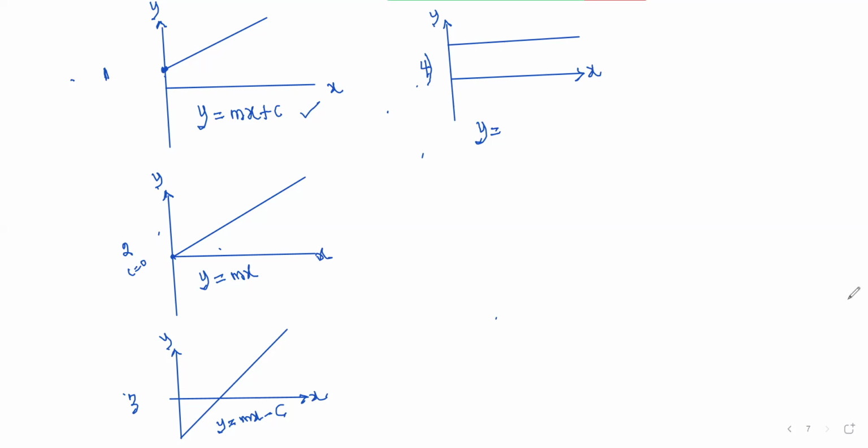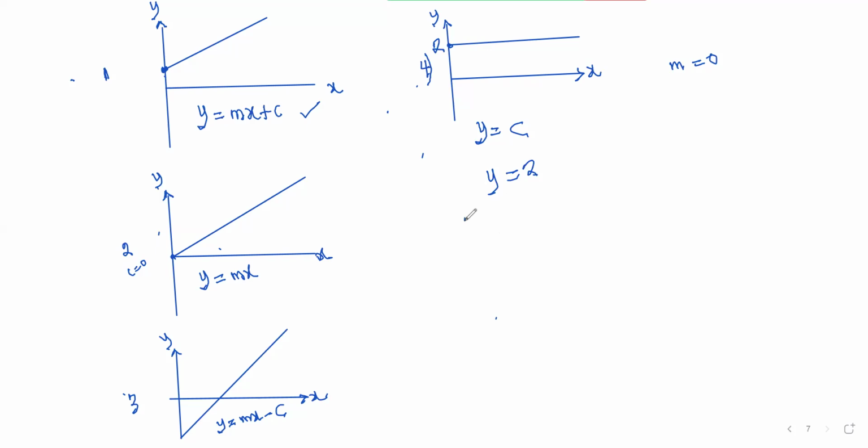Crispin is saying y is equal to c. Yes, because over here the gradient, the slope, is 0. So if the slope is 0, then it only cuts the vertical axis at a point. So assuming this point is 2, then the equation of this graph is y is equal to 2. Are you okay?